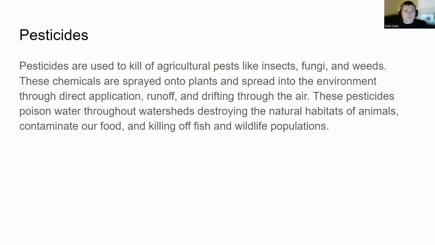And these pesticides poison water throughout watersheds, and that destroys the natural habitats of animals. It contaminates our food, and it obviously kills off fish and wildlife when it gets into water and into different environments. It poisons a lot of fish and wildlife populations.